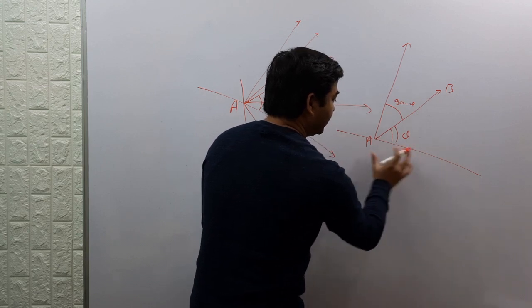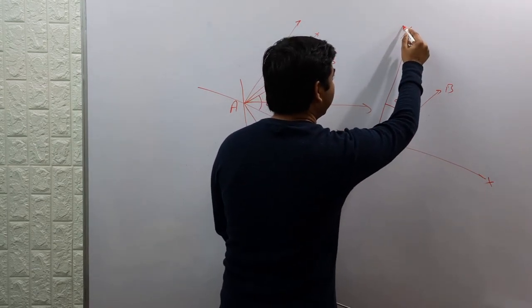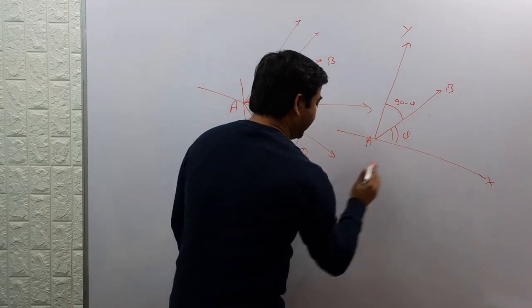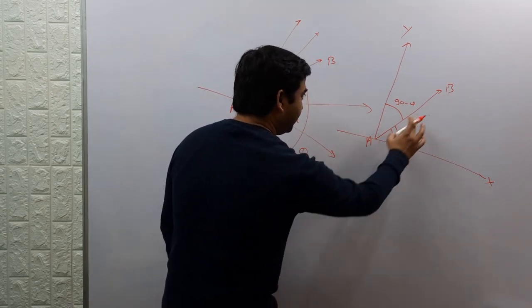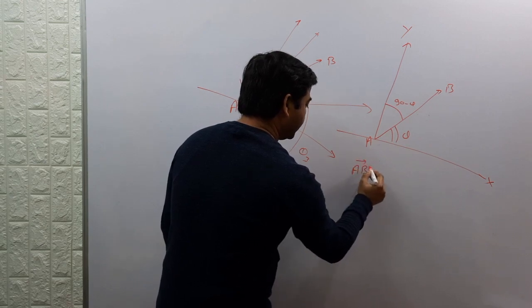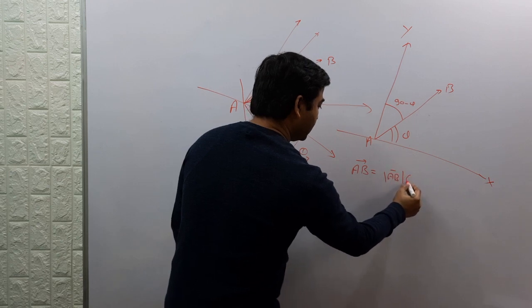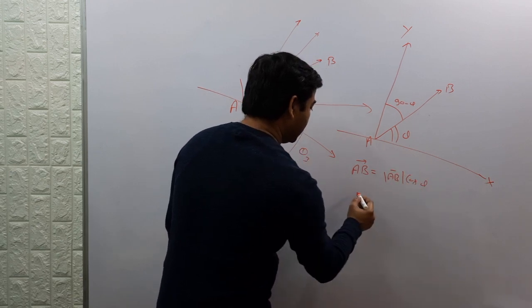So the component in this direction, AX, let this be AY. The component in AX direction of vector AB will be mod of AB cos theta.